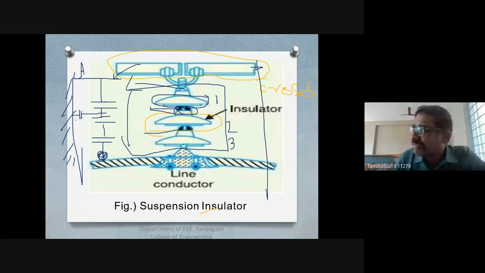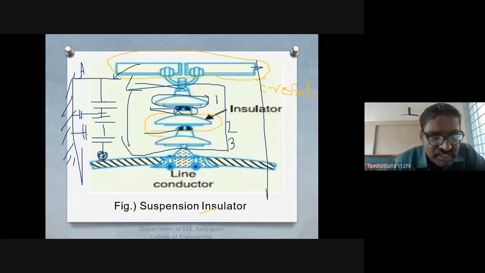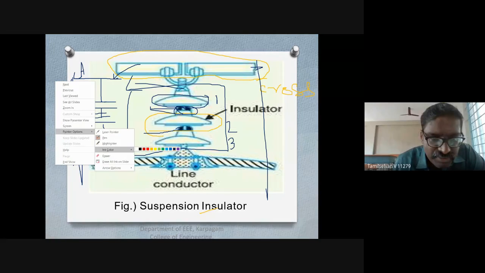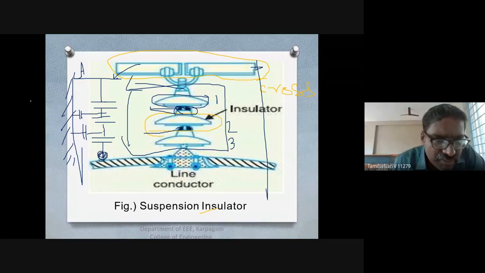With higher potential, there will be ionization that forms the charges. So between this metallic link and the tower there will be a capacitance. I will change the color. Suppose this is the capacitance, this is going to be this capacitance.